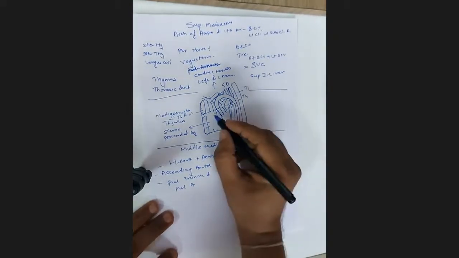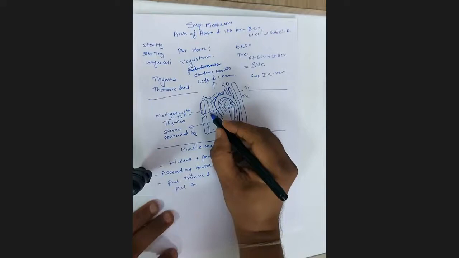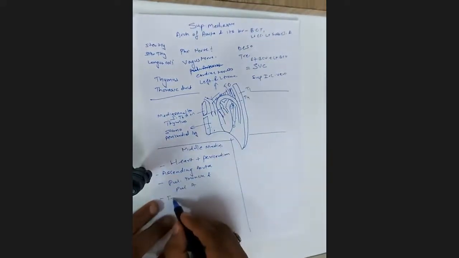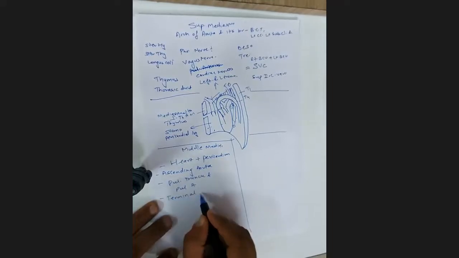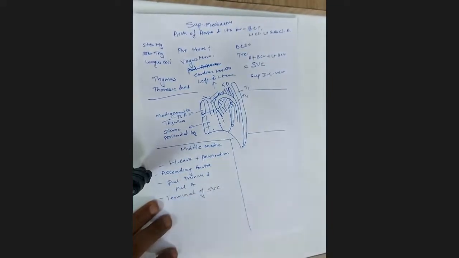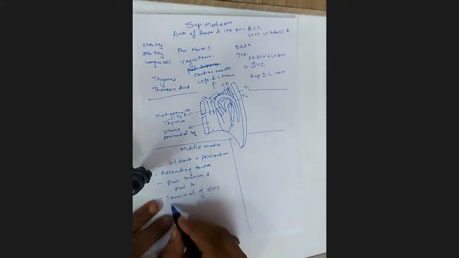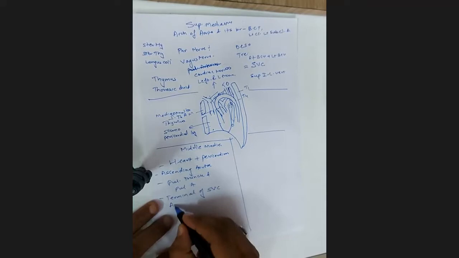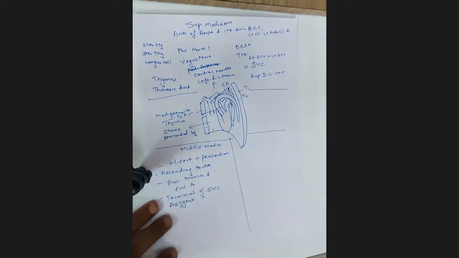Then the superior vena cava, which is formed in the superior mediastinum, has its terminal portion in the middle mediastinum. Opening into it is the arch of azygos vein, which is also in the middle mediastinum.